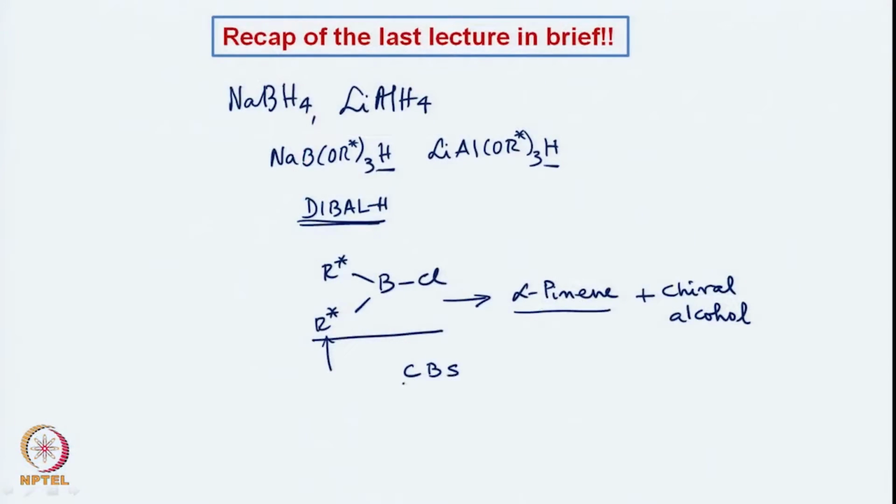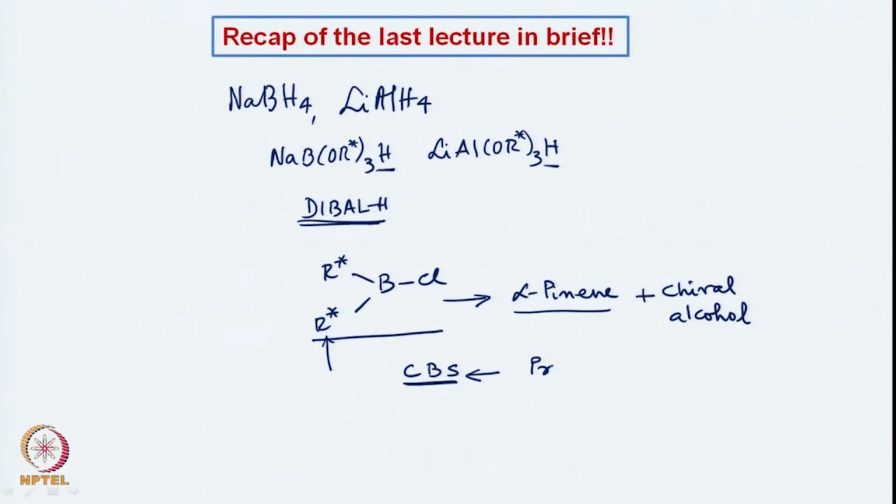But then we introduced the Corey-Bakshi-Shibata ligand, a chiral part which allows modification of the BH3, and this Corey-Bakshi-Shibata catalyst then allows a reduction of ketones to the corresponding alcohols in a predictable geometry, and thus before starting we can choose which kind of Corey-Bakshi-Shibata ligand is to be taken.